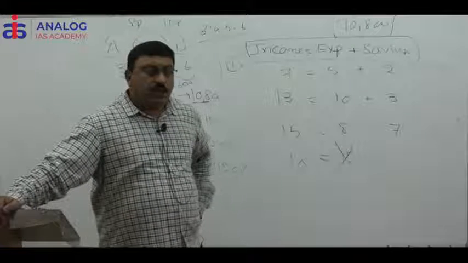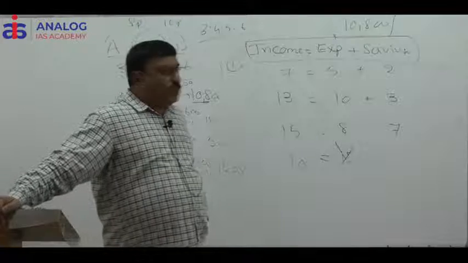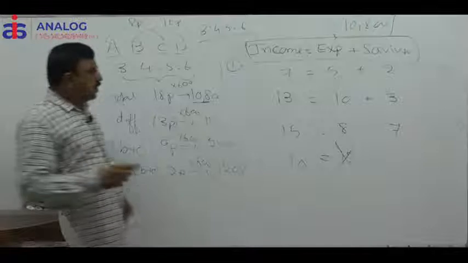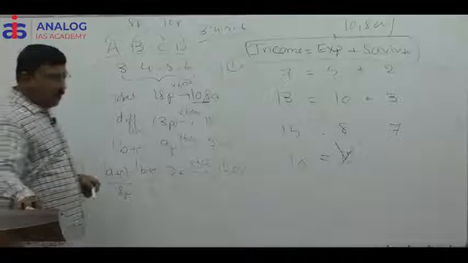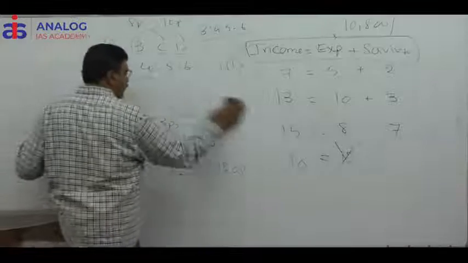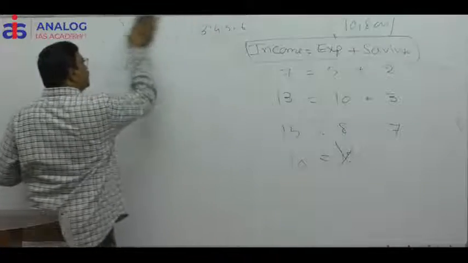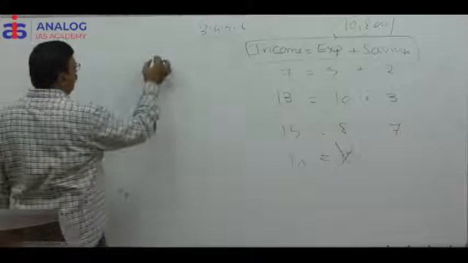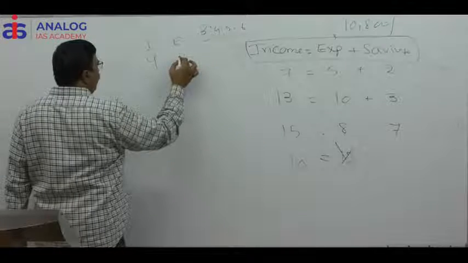Right. The ratio of income to expenditure of a person is 9:5.